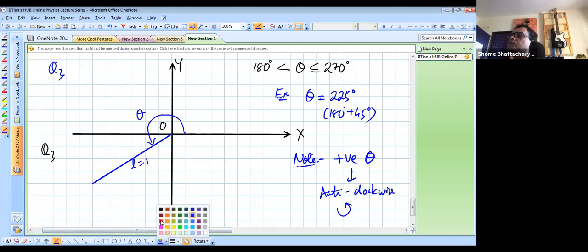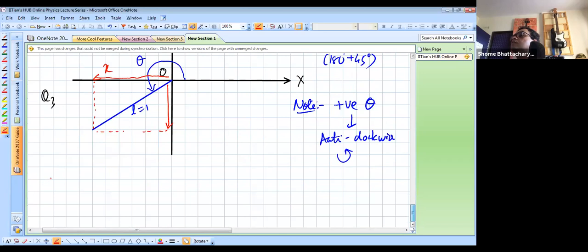Okay. And now this is the rod of unit length. So now let us drop perpendiculars from this rod and let us understand how the projections are falling. As it's very clear to see, the projection on the x-axis is negative, and the projection on the y-axis is also negative. So you can see what is happening in our third quadrant: both the projections in Q3, x and y, both are negative.